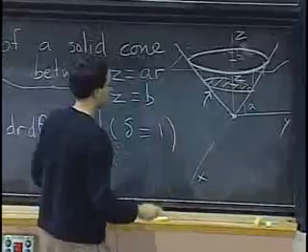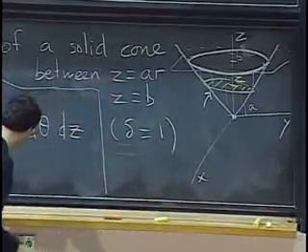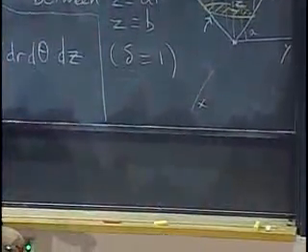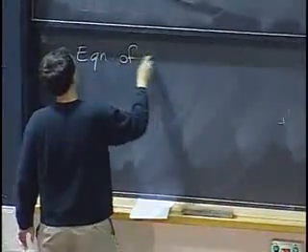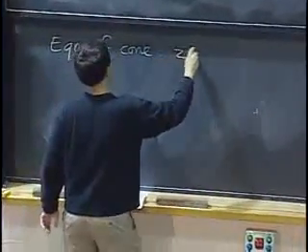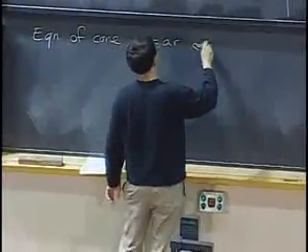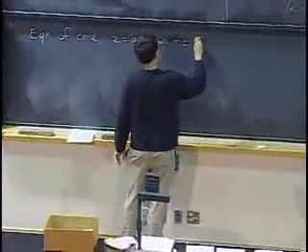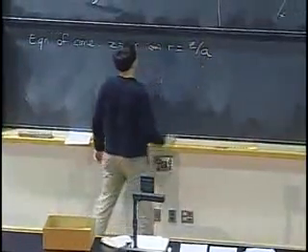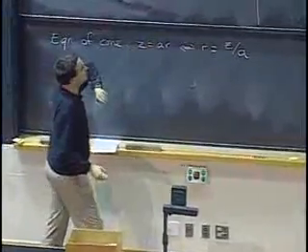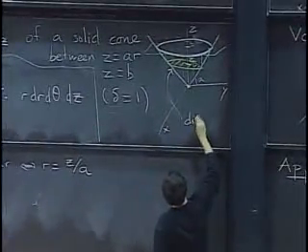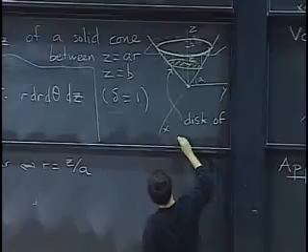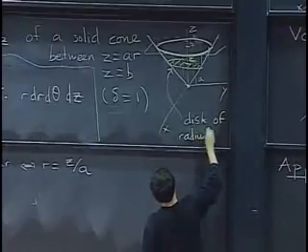If you flip it around, the equation of a cone is z equals a r, or equivalently, r equals z over a. So for a given value of z, this will be a disk of radius z over a.